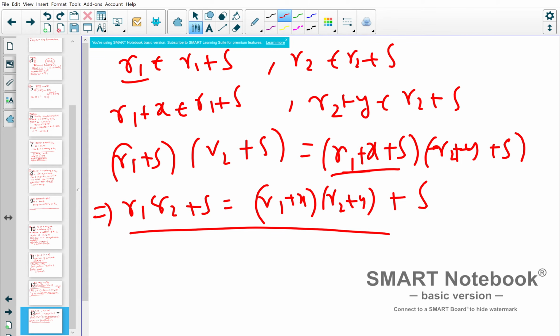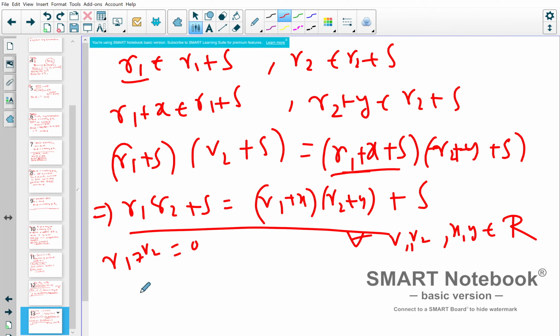Now this has to be true for all R1, R2, X, Y, all elements of R, right? In particular, when R1 and R2 both equal 0, what do you have?